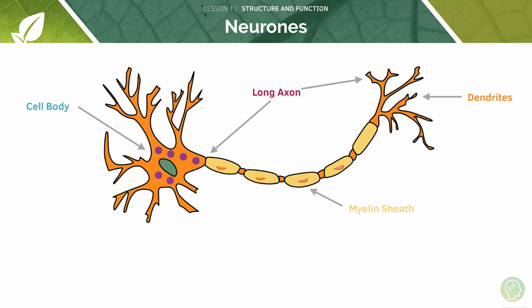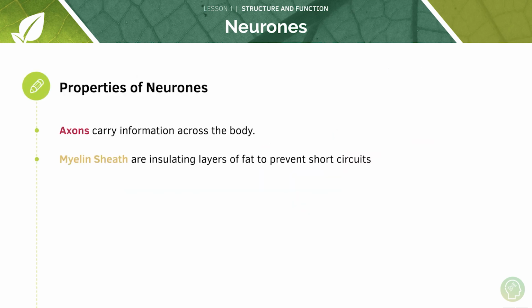If I just go back to the diagram, we want the electrical impulse to be transmitted all the way down the cell. We don't want the electrical impulse to be lost to the environment. That's what our myelin sheath is protecting us from. So it insulates the neuron, therefore allowing for efficient transmission of the electrical impulse down the nerve, down the axon.